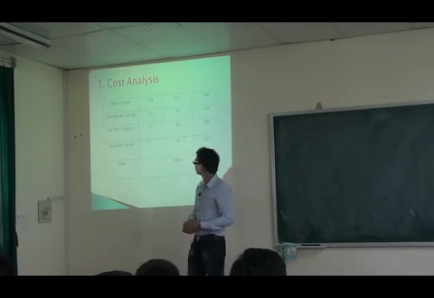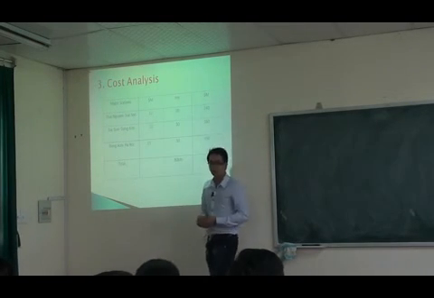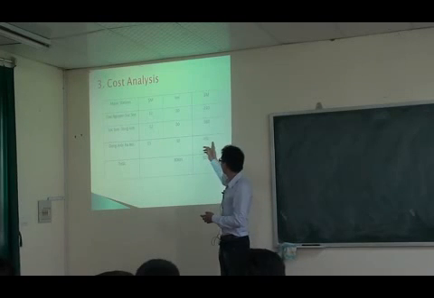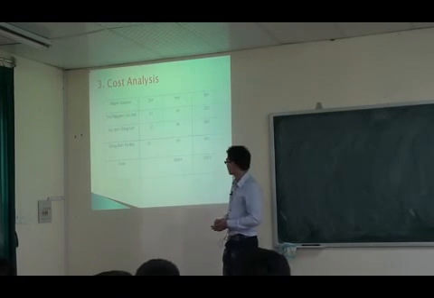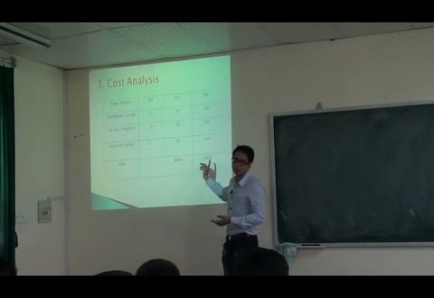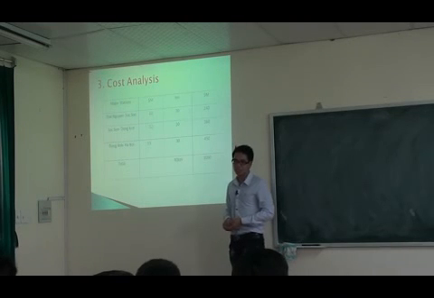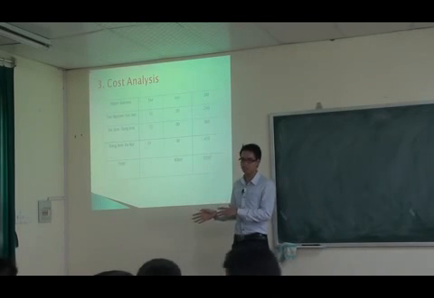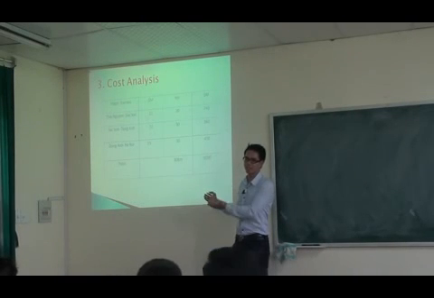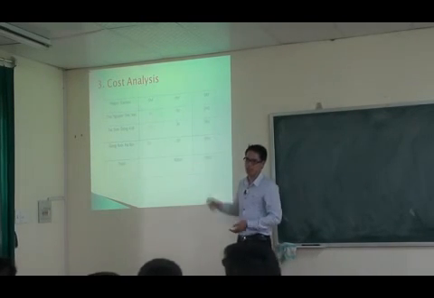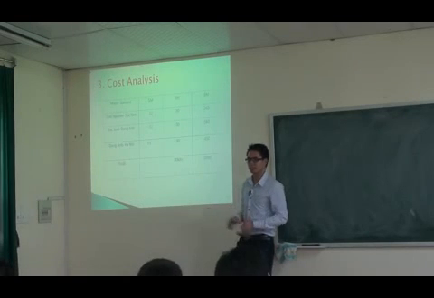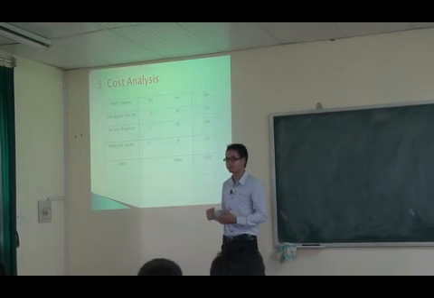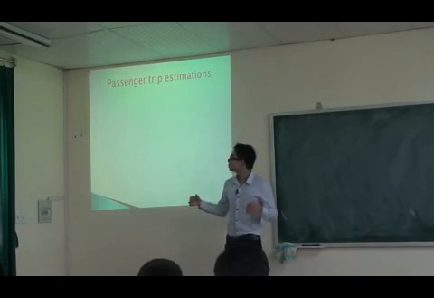It's 15 million for 1 kilometer, so it's about 450. So the total is 1,050 million US dollars. But to avoid accidents, as you see on the last slide, it's not really a big money because the government will pay for it. Okay. Next.